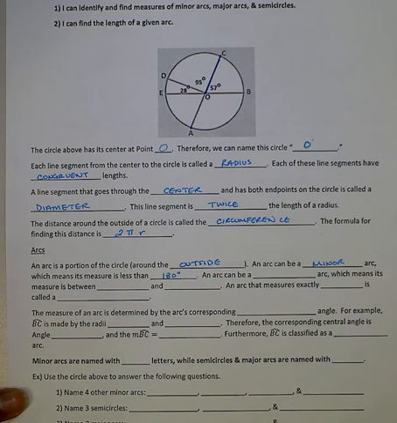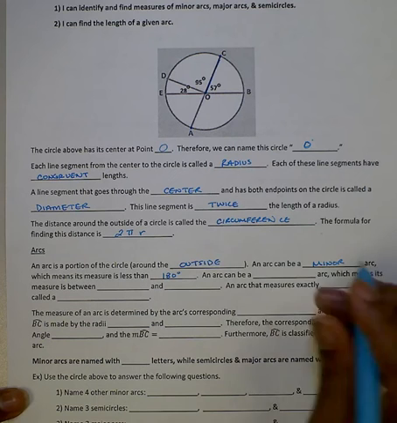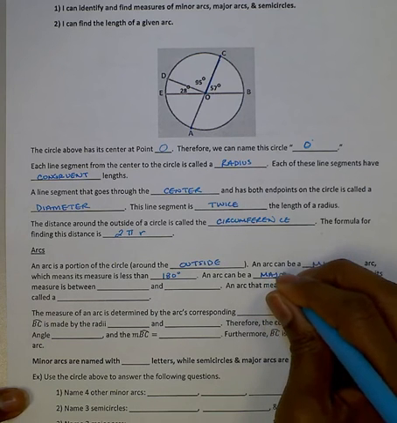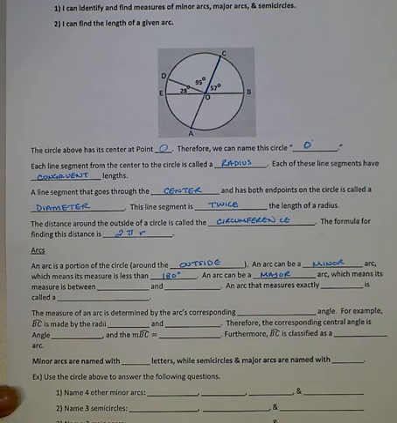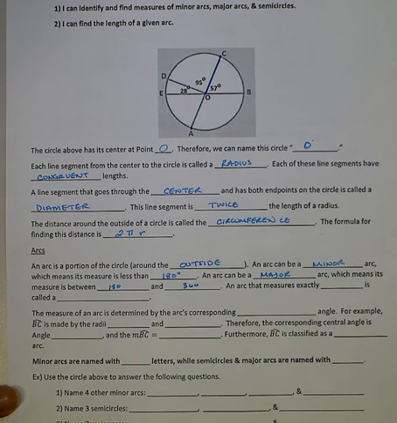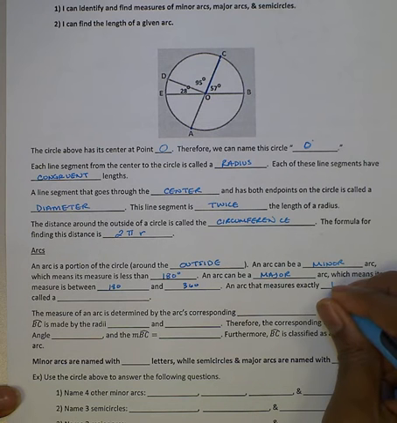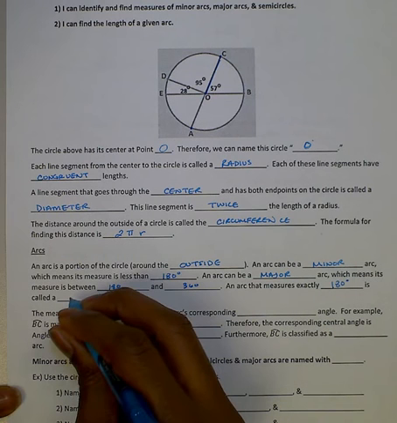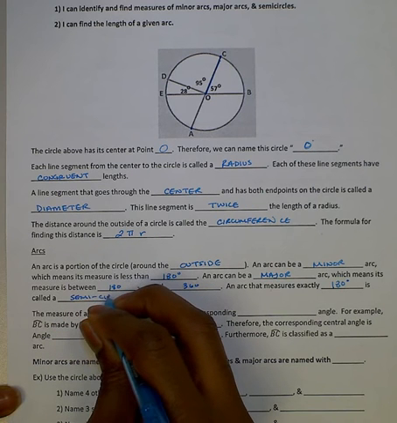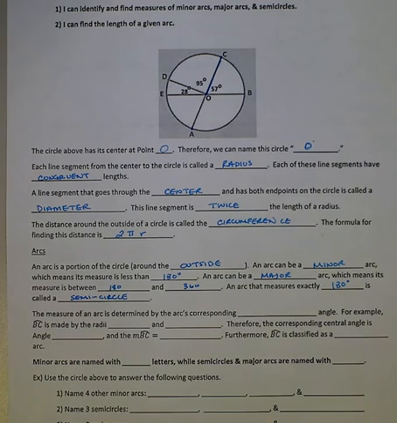An arc can be a major arc, which means it's between 180 and 360. And an arc can measure exactly 180 degrees, which is called a semicircle. So those are the 3 classes of arcs.